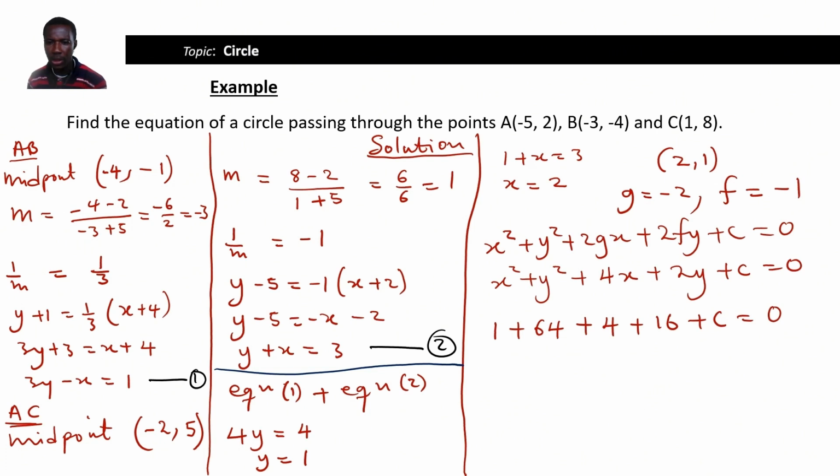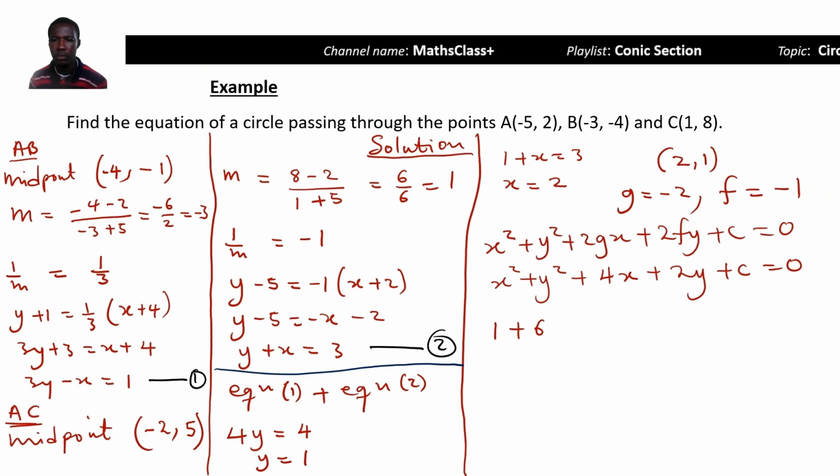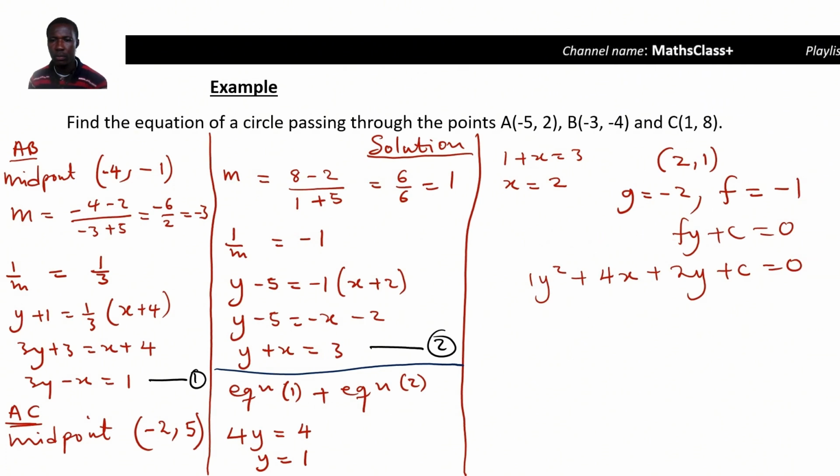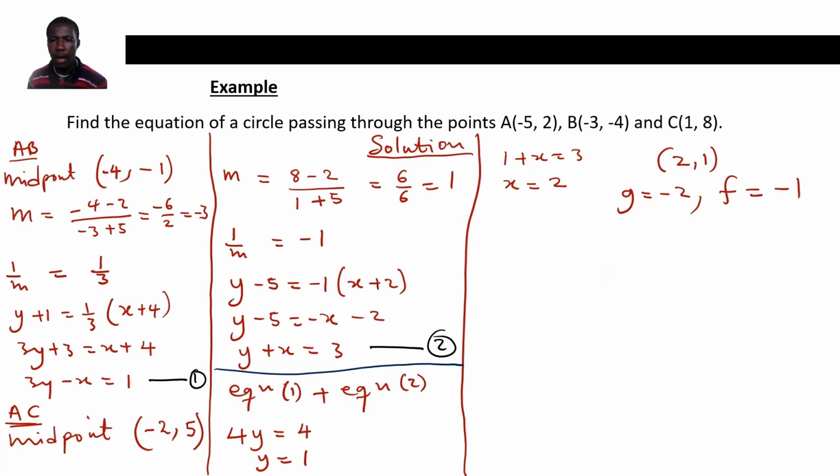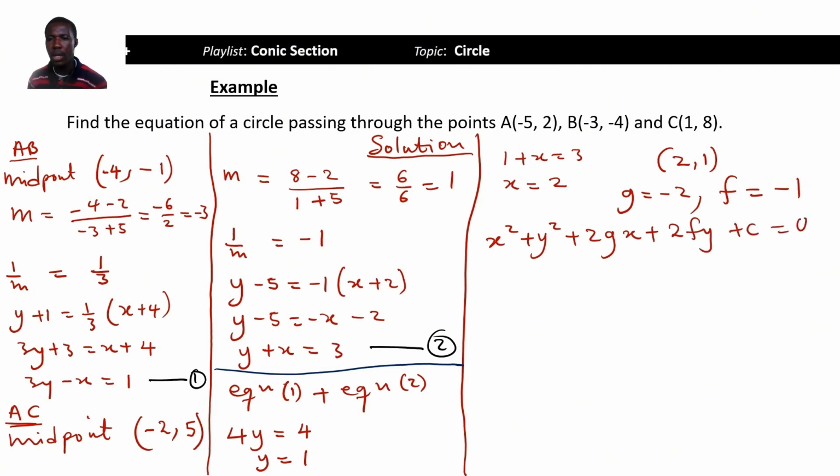So when I do the addition, now I substitute into the general formula x squared plus y squared plus 2gx plus 2fy plus c is equal to 0.